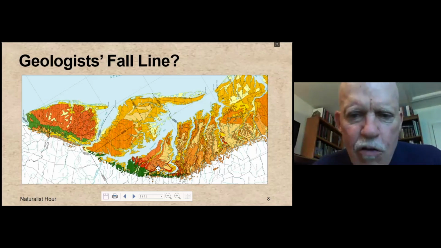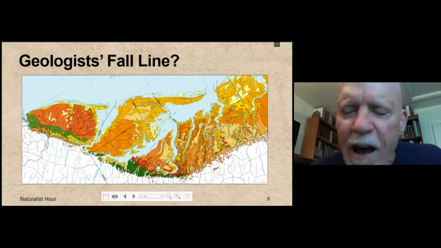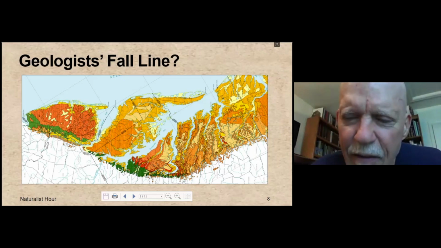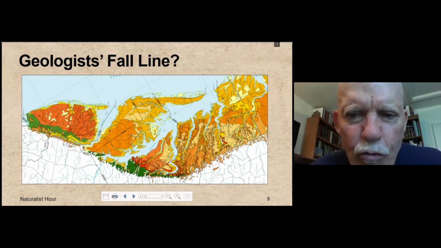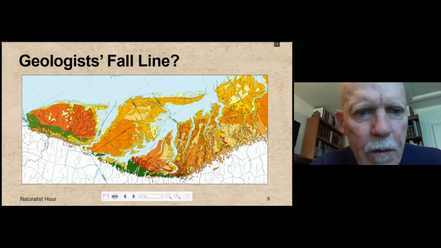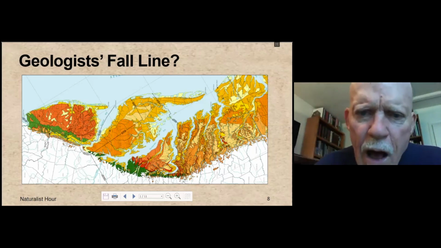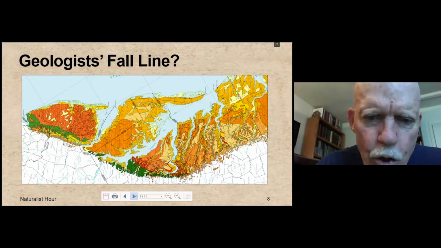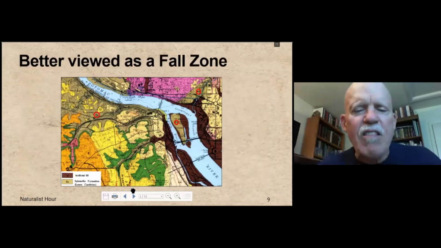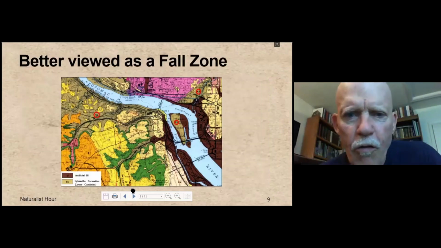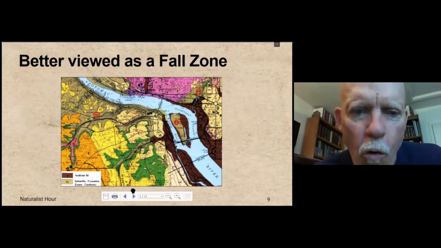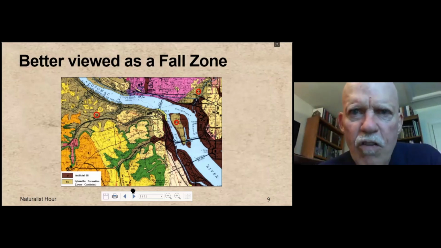And because nature doesn't act in a real neat, orderly fashion the way that humans sometimes do, the actual boundary is extremely irregular. So given that situation, it's better to call the fall line a fall zone, and geologists customarily do that.